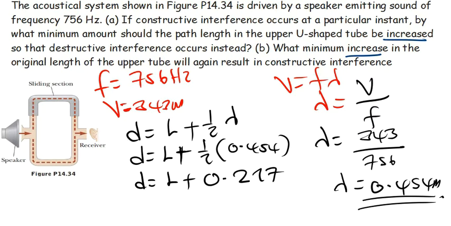Since I don't have L, that's why the question is specifying what minimum amount the path length should be increased. So it has to be increased by 0.227 meters.